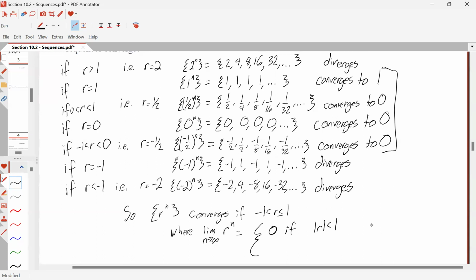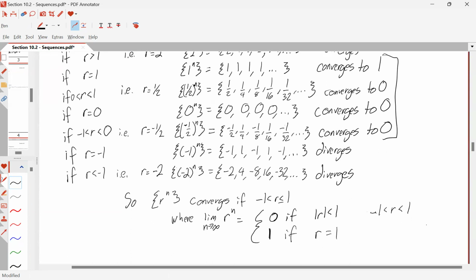This is -1 is less than r is less than 1. And it equals 1 if r equals 1. And r to the n will diverge for all other values of r.